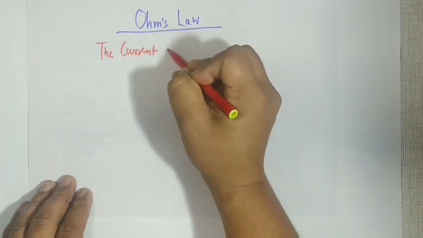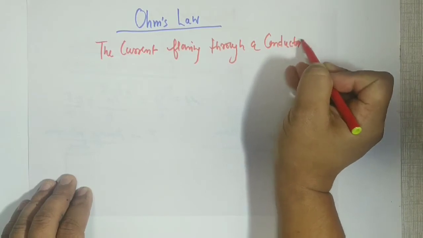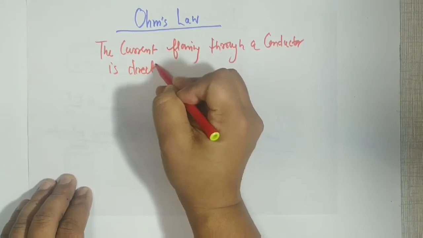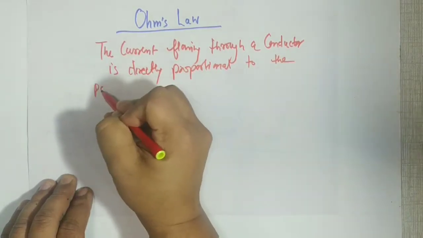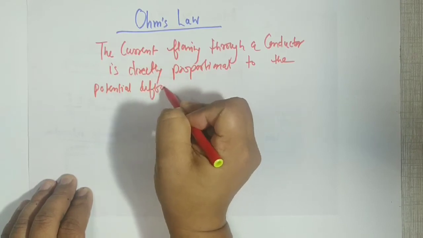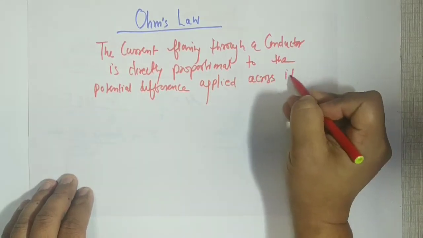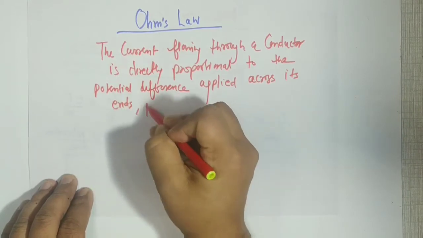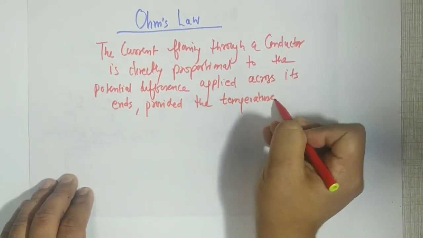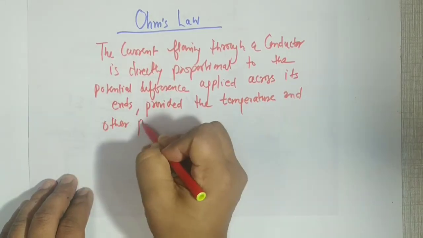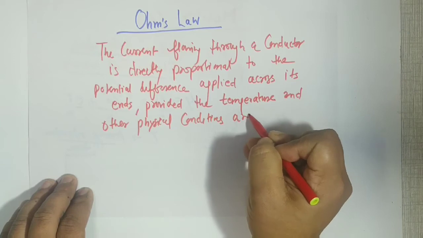The current flowing through a conductor is directly proportional to the potential difference applied across its ends, provided, remember, the temperature and other physical conditions are the same.